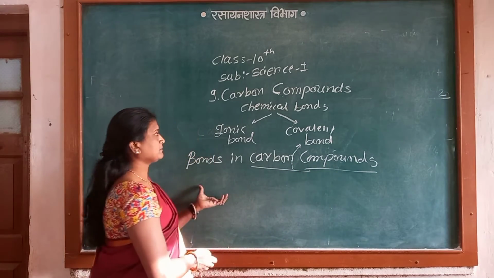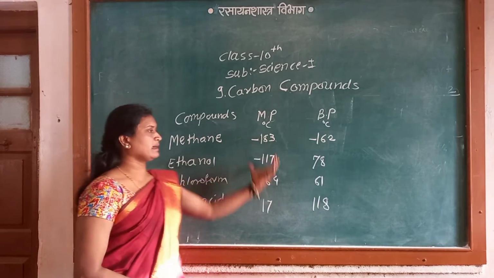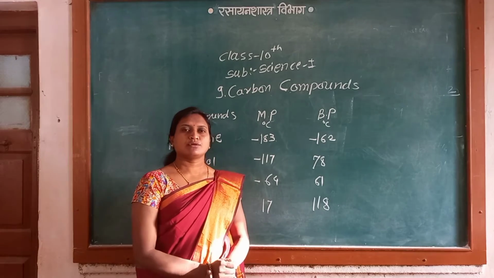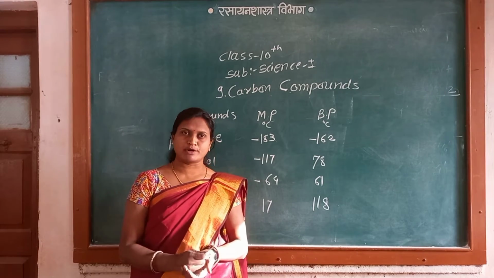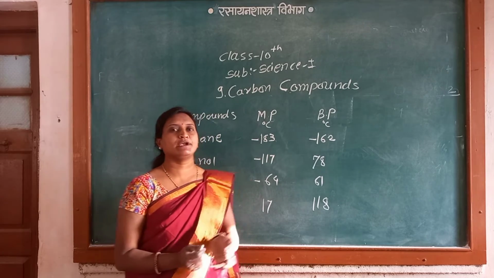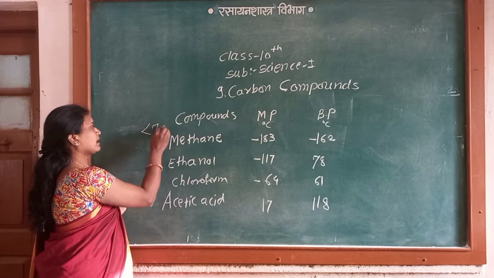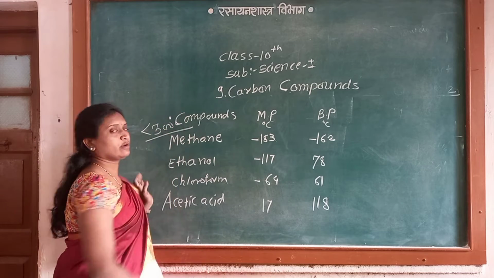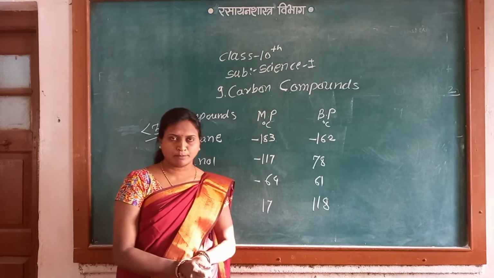Here are some carbon compounds. You can observe their melting and boiling points are too low. Comparatively, the compounds made up of ionic bonds have high melting and boiling points, and generally all carbon compounds have melting points less than 300 degrees Celsius.